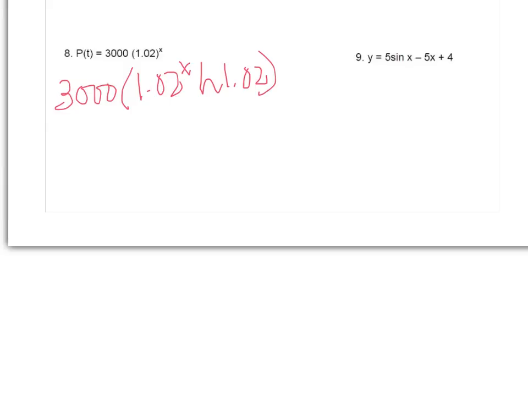And for 9, the last one on this page, the derivative, coefficient, derivative of sine is cosine. The derivative of negative 5x is negative 5.